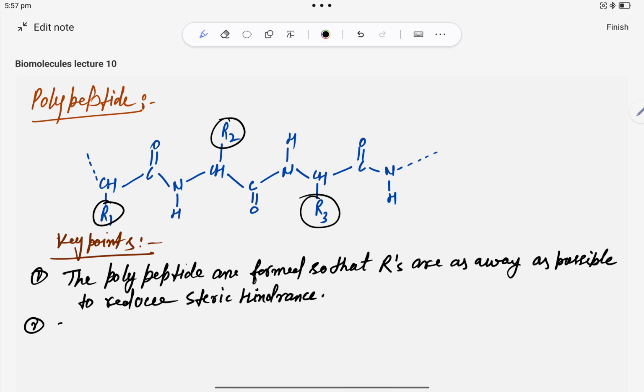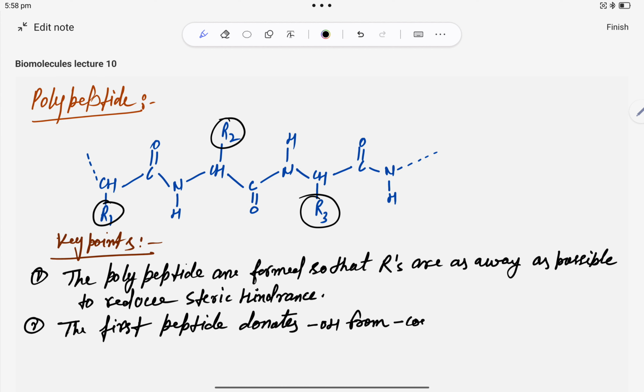The first peptide donates OH from COOH, and the second donates H from NH2.